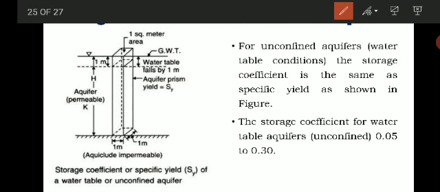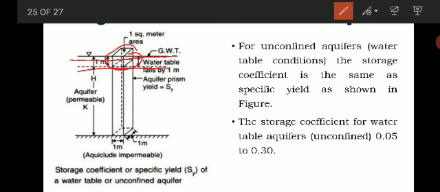Now let us understand, we have again taken a unit cross section area here, 1 meter by 1 meter, 1 square meter area. This is the normal groundwater table, and this is the water table which falls by 1 meter when you extract the water. That is the aquifer prism, and the aquifer prism yield is the same as the specific yield, SY.